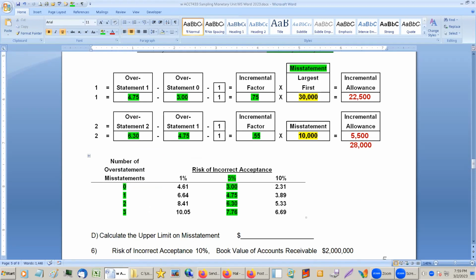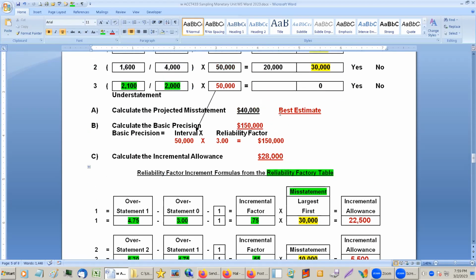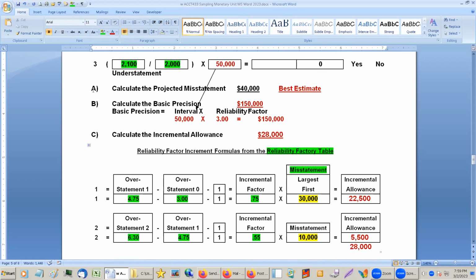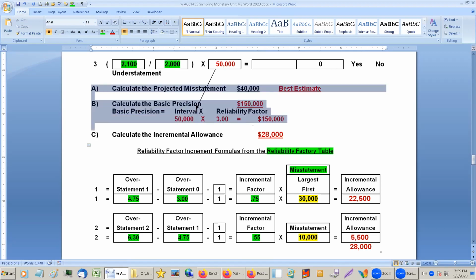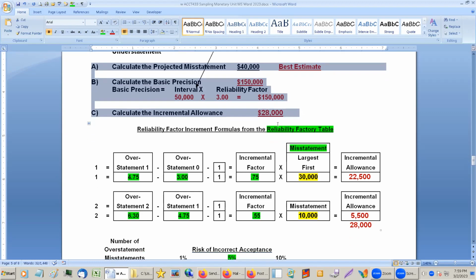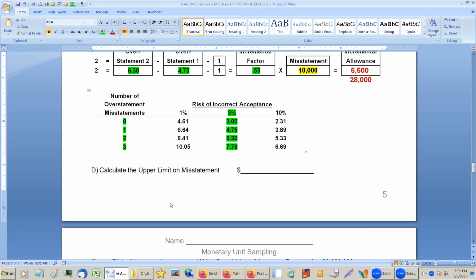Okay, so we're going to take the projected misstatement, basic precision, and the incremental allowance.